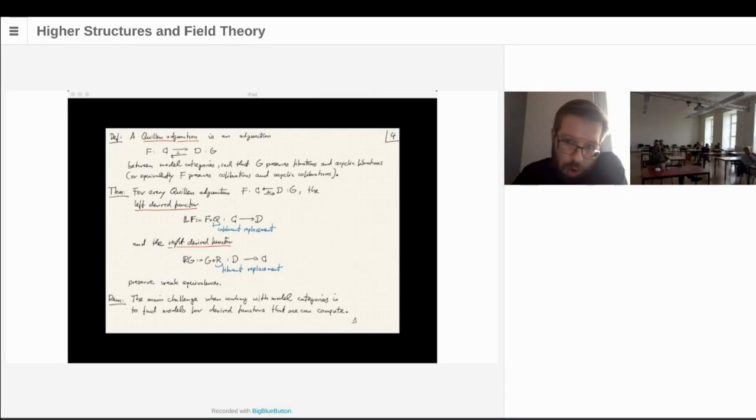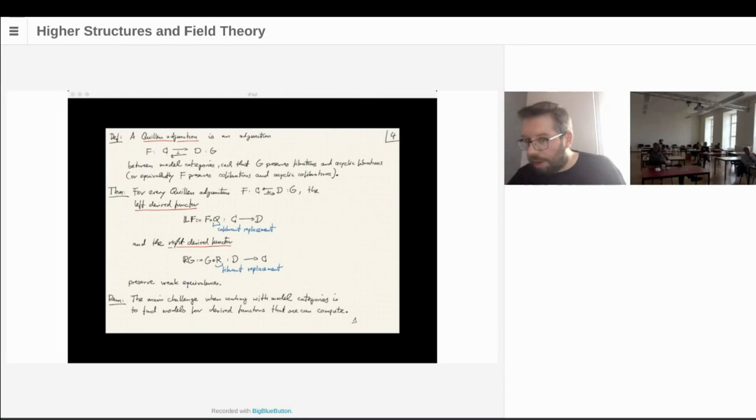So even though you know that these derived functors exist by abstract nonsense in model category theory, the main challenge when working in such a framework is to find really formulas or models for computing these derived functors.